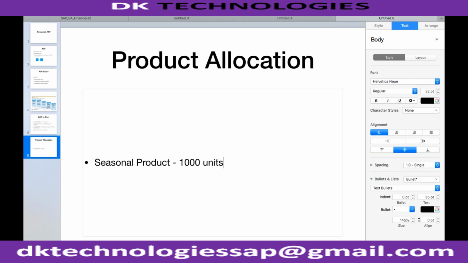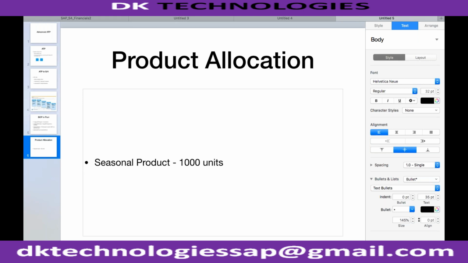Now every customer would like to buy this 1,000 units. I'm not saying that every customer has the budget to buy 1,000 units, but let's assume there is a good amount of demand and every customer wishes to buy the maximum quantity out of this. At the same time, our company also wants to be fair.